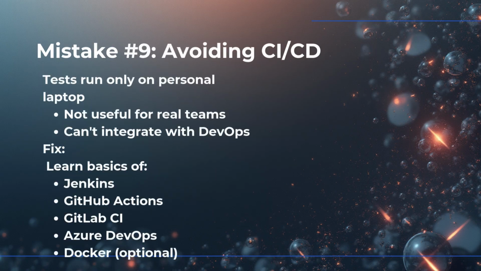Mistake number 9: avoiding CI/CD. I have seen that many testers write their code on their own local machine and then run that script. Let's say they have successfully built an entire automation framework and they run those test cases on their local machine, but they don't realize the main mistake here.